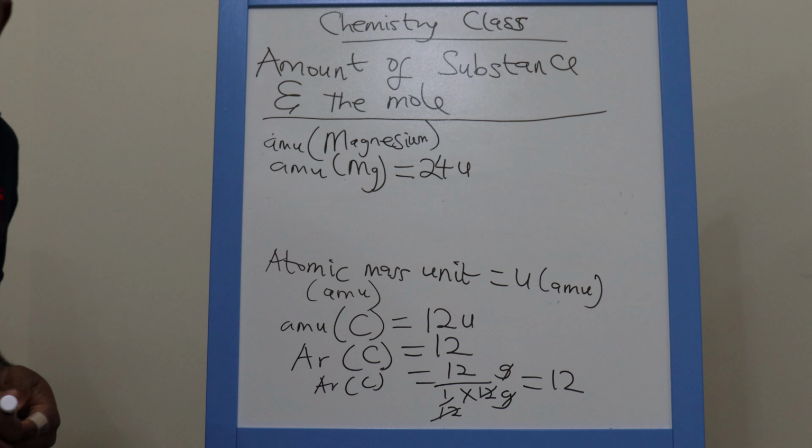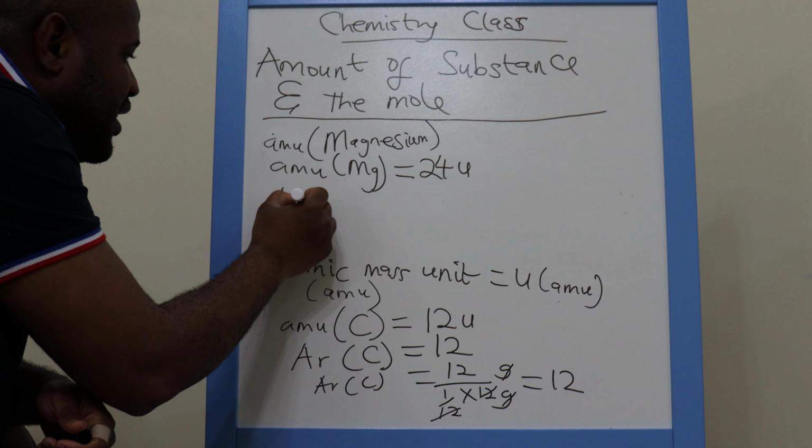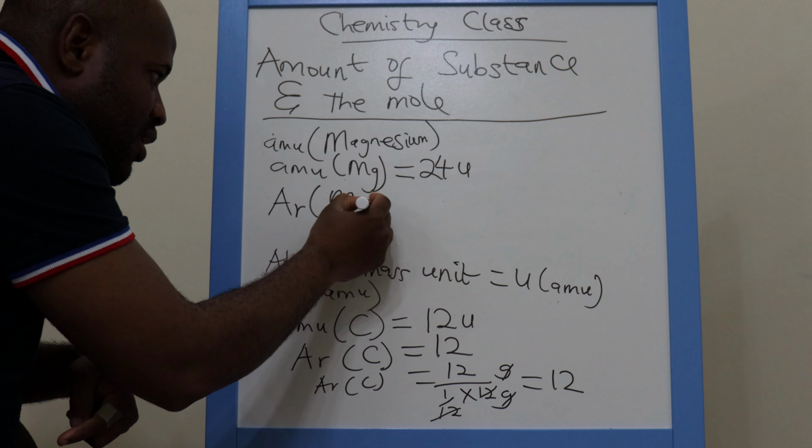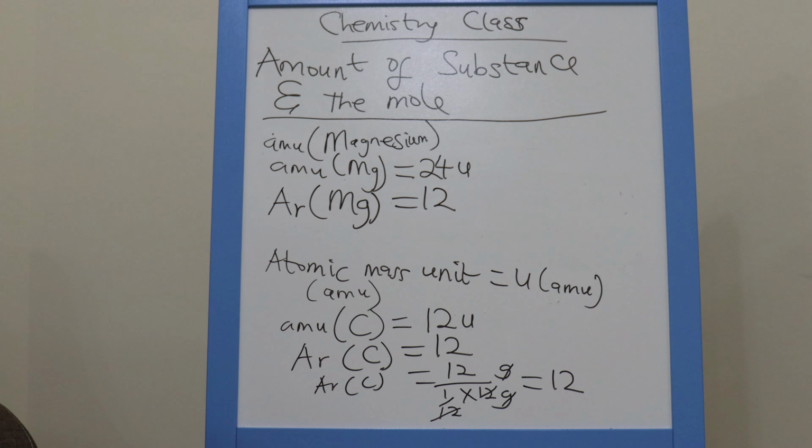But the relative atomic mass will be what? Your guess is as good as mine. The relative atomic mass of magnesium is obviously 24. So this is what we are talking about.